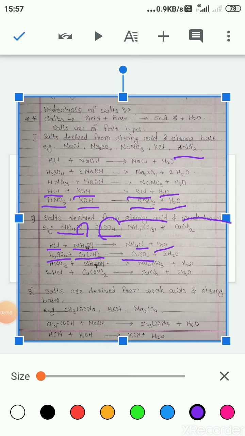It gives CuSO4, copper sulfate, plus water molecule. The next one is ammonium nitrate, NH4NO3. We can imagine NO3 from nitric acid and NH4 from ammonium hydroxide. So we can write the reaction: nitric acid plus ammonium hydroxide gives ammonium nitrate plus water molecule.